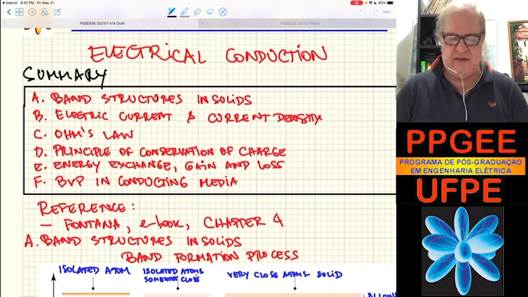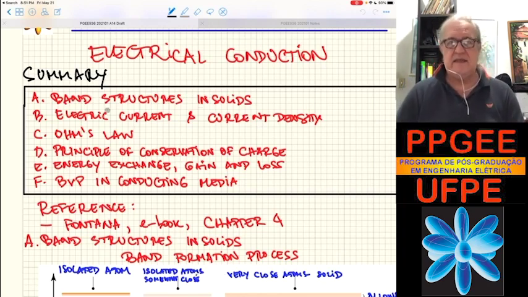In other words, we are interested in conductive materials. We're just briefly going to comment qualitatively on band structures of solids. Then we are going to conceptualize what is electric current and current density.